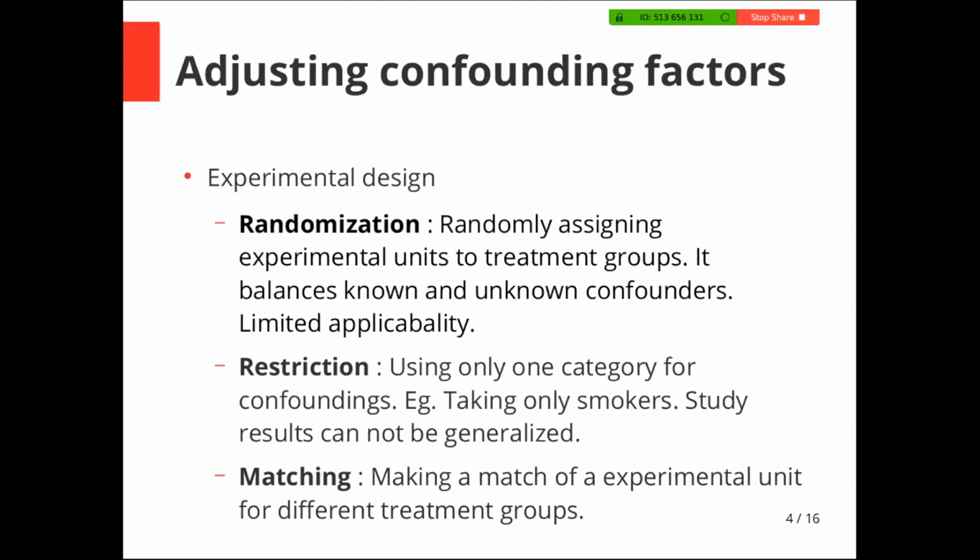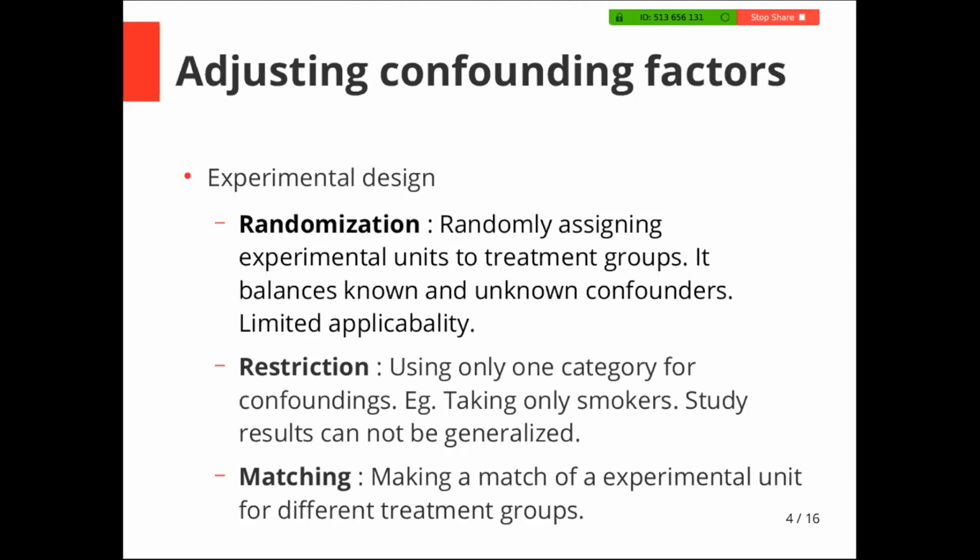Like we have people drinking and the outcome is oral cancer, and we cannot ask our subjects to smoke. That is very unethical. So it has very limited applicability, and we cannot use randomization that much.